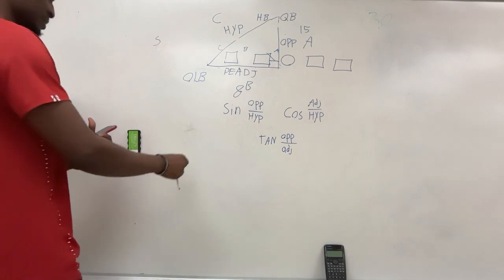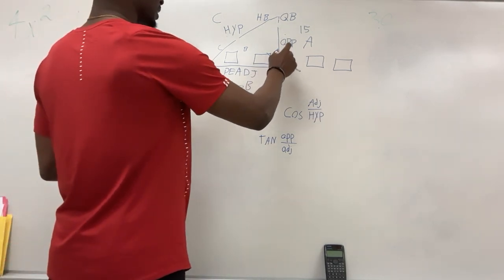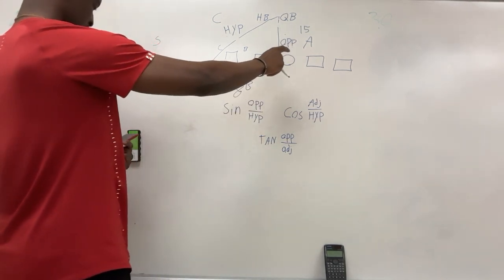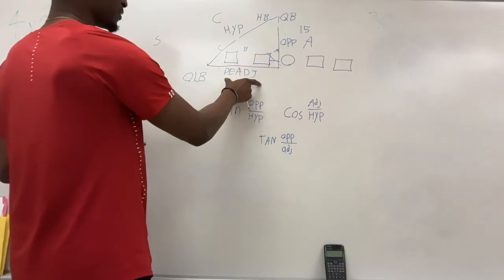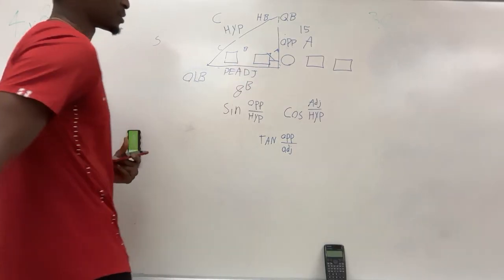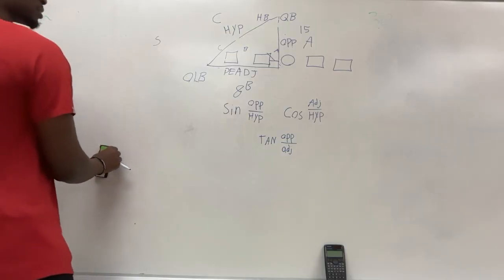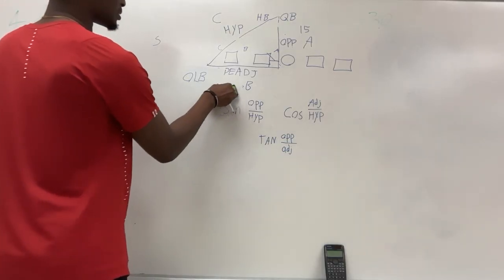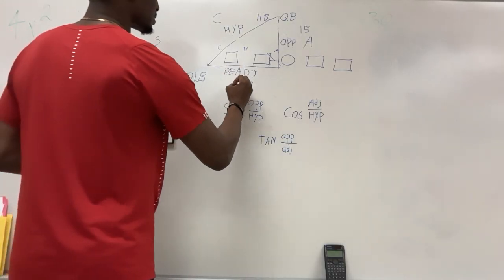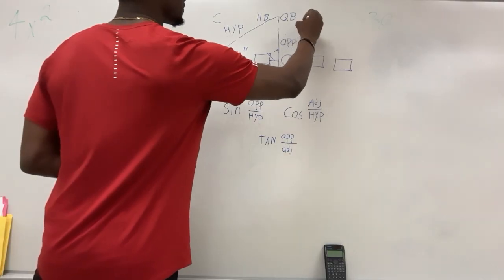So opposite end, we got 8 yards. Adjacent side, 15. So this is 15 yards. This is 8.